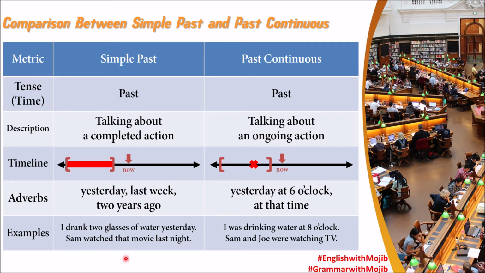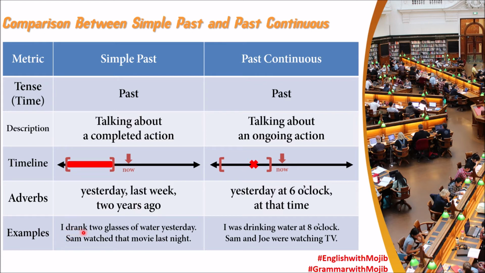Two examples. For simple past, I drank 2 glasses of water yesterday. Please pay attention to my pronunciation because pronunciation matters a lot in speaking English. I drank 2 glasses of water yesterday. Next one. Sam watched that movie last night.